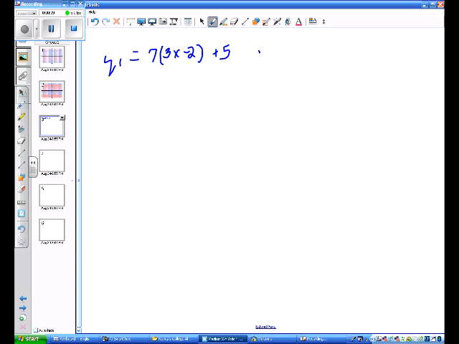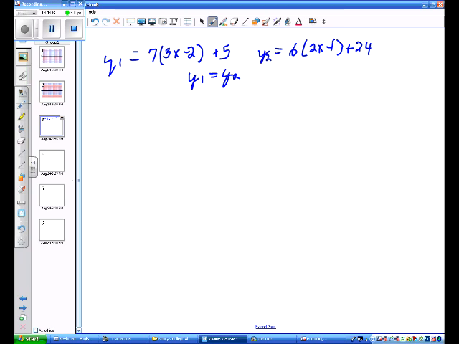And we have y sub 2 is equal to 6 times (2x minus 1) plus 24. We want to find the value of x such that y sub 1 equals y sub 2, the value that makes them both true.